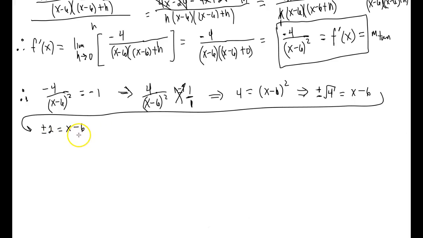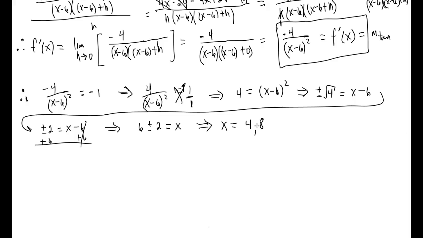If we add 6 to both sides, what we will end up getting is 6 plus or minus 2 equals x. And so that implies that x is either equal to 4 or it is equal to 8. So we know that when x is equal to 4 or when x is equal to 8, the slope of the tangent line at that particular point is negative 1.